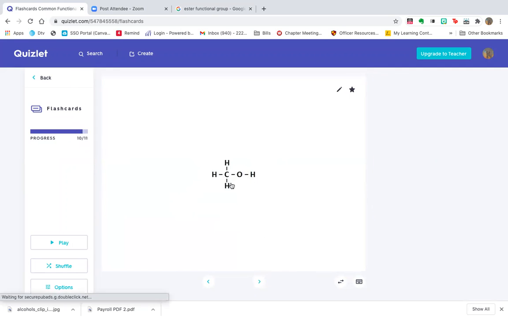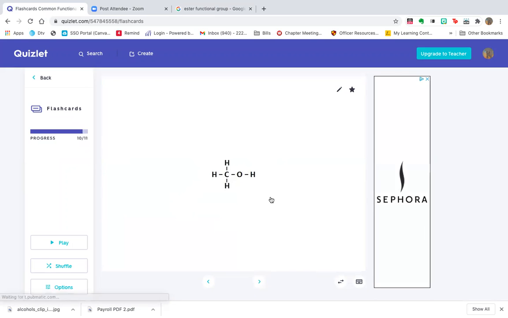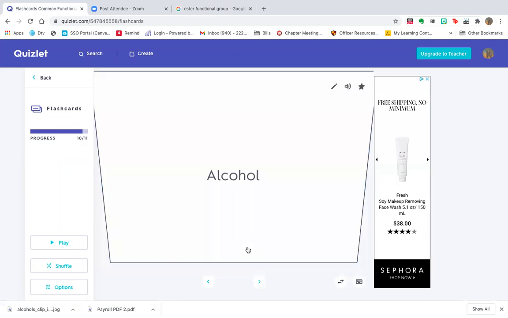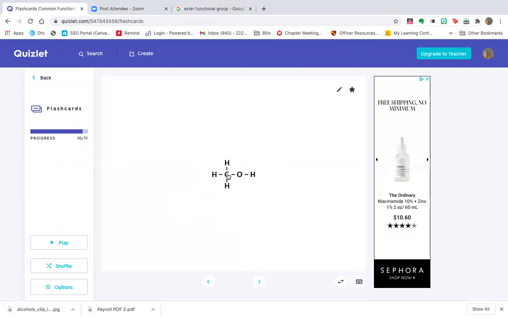And then we have alcohol. Alcohol, yeah, because it doesn't have that double bond to oxygen on top. It's just got the one oxygen and then hydrogen. And I don't know if it helps you all, but the way I remembered that was the OH in alcohol.